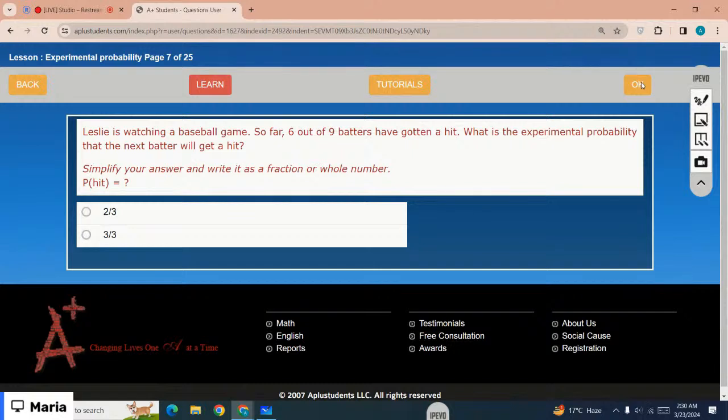Leslie is watching a baseball game. So far, 6 out of 9 batters have gotten a hit. What is the experimental probability that the next batter will get a hit? Which is the correct option?